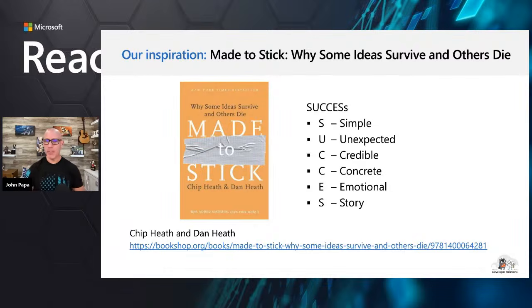And the funny thing about this book is it's nothing to do with storytelling. It's all about marketing ideas and why certain messages work. But it doesn't matter if you're doing marketing, the same core principles: simple, unexpected, credible, concrete, emotional, and story go into these. And we're going to walk through each one of these so you know how to press the right button with your stories.